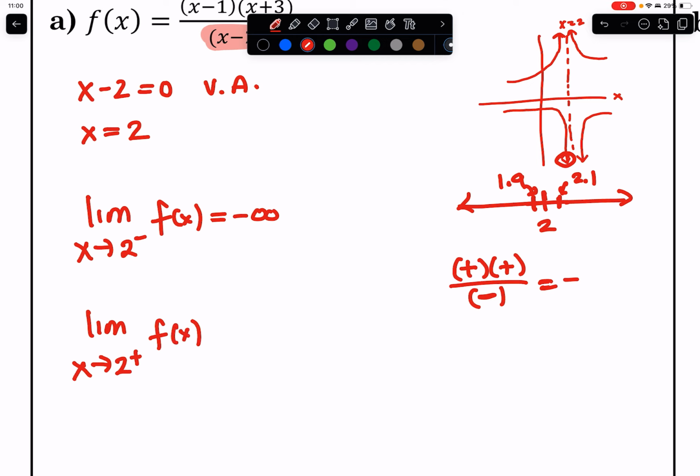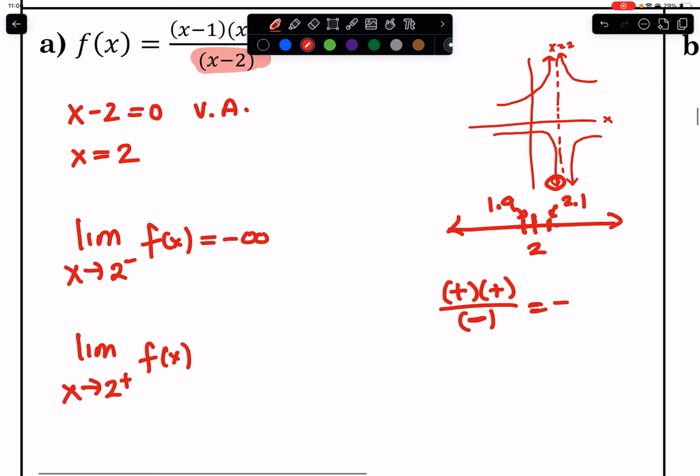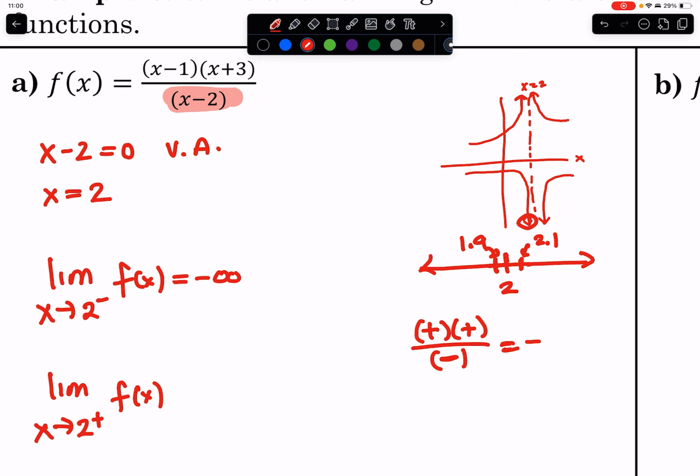Now let's see what happens as x approaches the vertical asymptote of 2 from the right side. From the right, we're going to pick a number very close to 2, so we're going to pick 2.1. If I do 2.1 minus 1, that's going to be a positive number in the first parentheses up here. If I do 2.1 plus 3, that's a positive value as well.